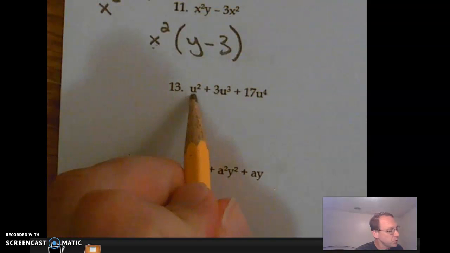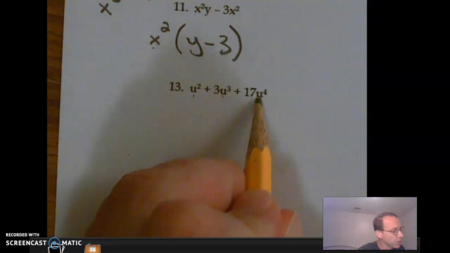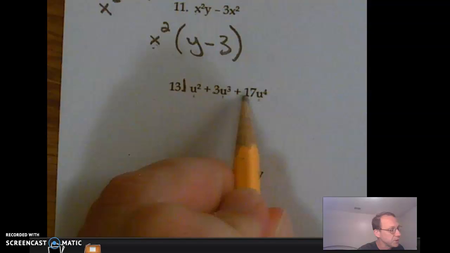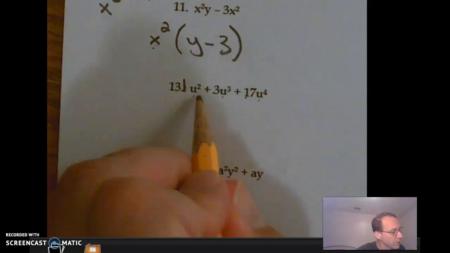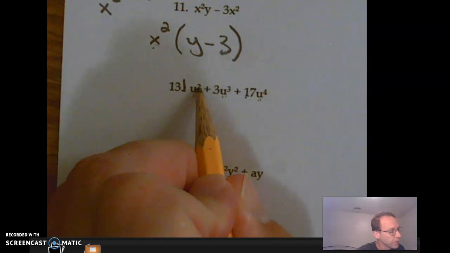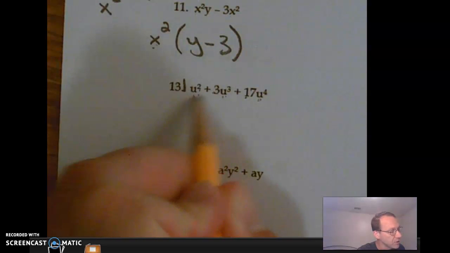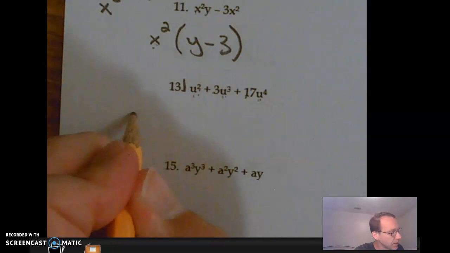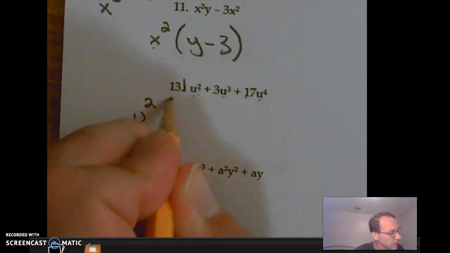Here we have 2 u's, 3 u's, and 4 u's. Notice we're not going to get a greatest common factor with the numbers. So the most u's we can take is 2, because this only has 2. So you can't take more than that. Okay, so we're going to take 2 u's from each one.